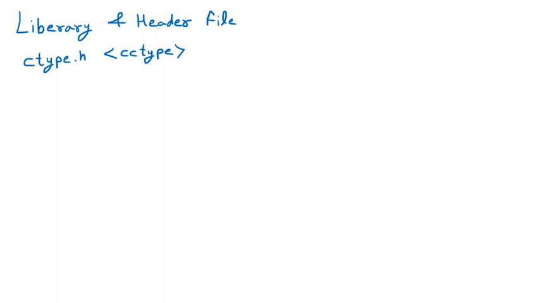Now I'm going to discuss a few functions which are available inside ctype.h. If I talk about the functions, the first function we have is tolower. There is no space between to and lower, they are together. The tolower function is to convert an alphabet to lowercase.